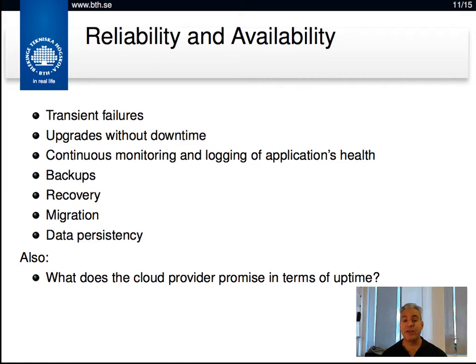And actually, when it comes to backups as well, it's a pretty good exercise to look into different cloud providers' backup solutions and see what they actually promise in terms of data persistency. I'm not sure you're going to be overly impressed by it.